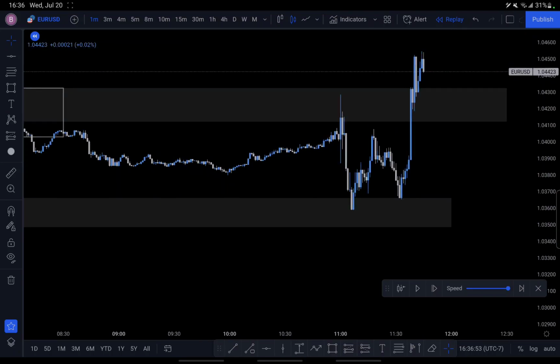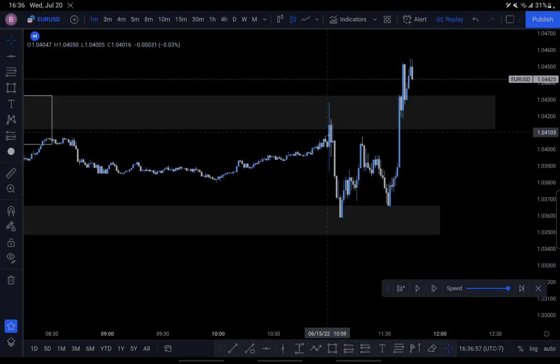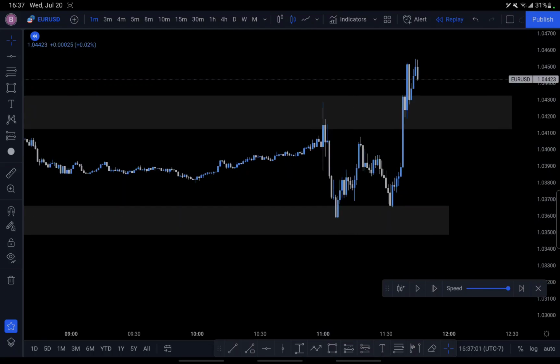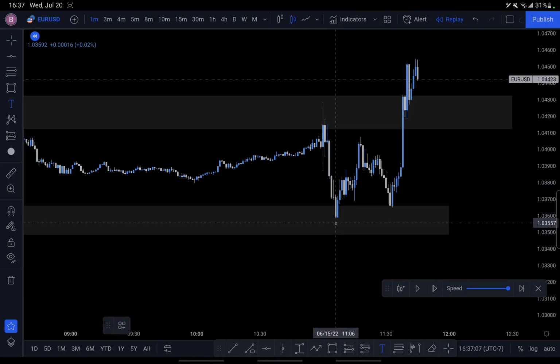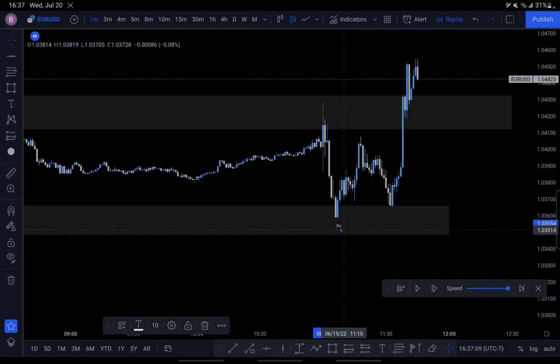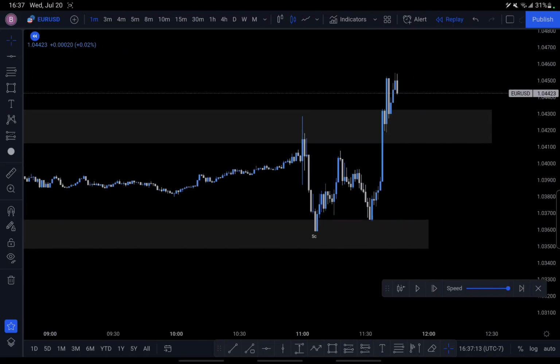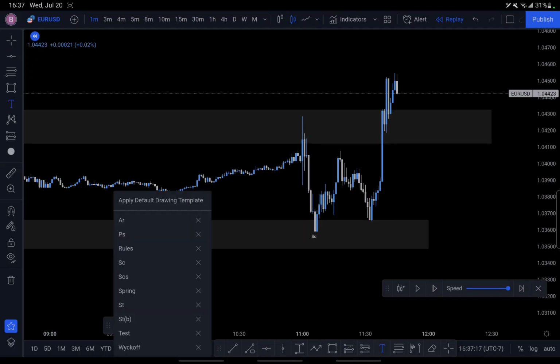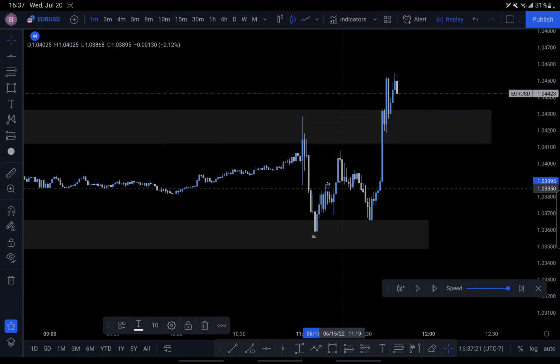So what I didn't see before was that we had, I'm going to call this our seller's climax. That's going to be my seller's climax. Let me make sure that my demand zone is locked in so it doesn't move. Then we have our automatic rally here.